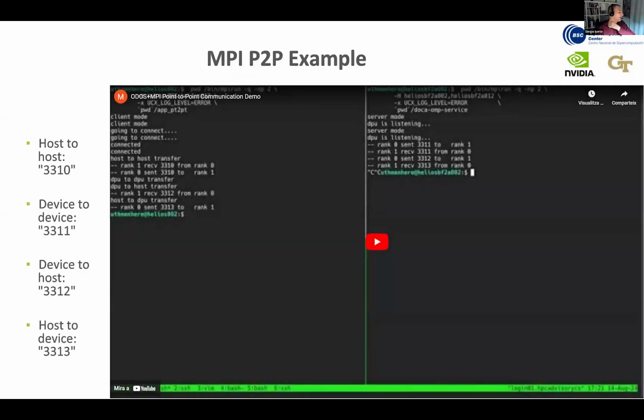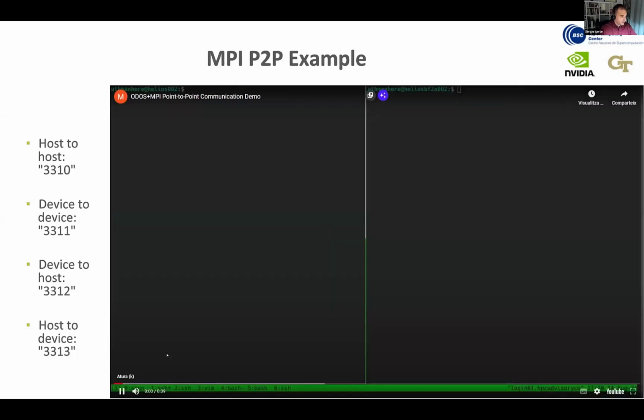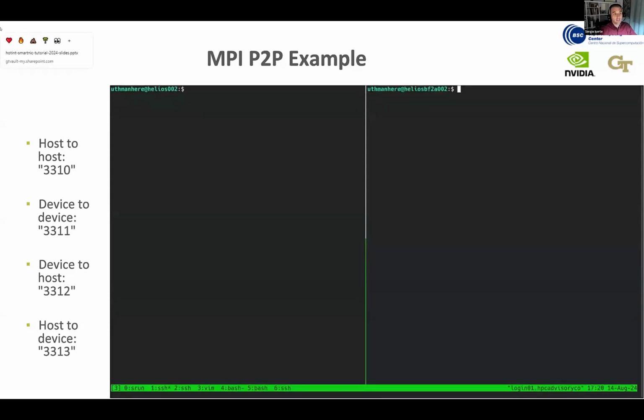With this example, we try to cover all the possible combinations: host to host, device to device, device to host, and host to device. For this purpose, we have defined different messages with different values to identify them better, because this execution is pretty fast. So we launch the service in the two DPUs.